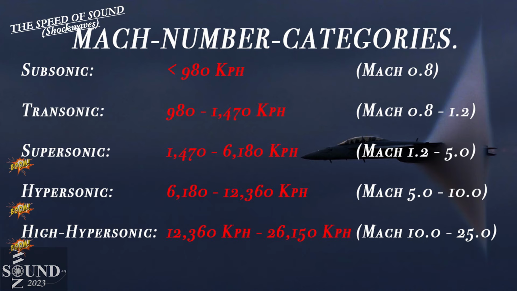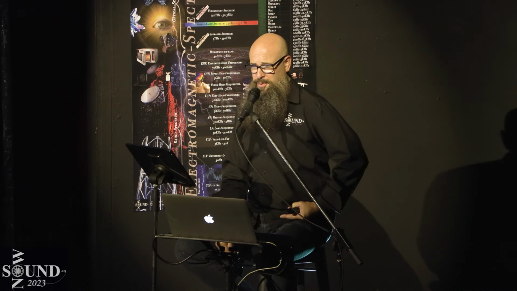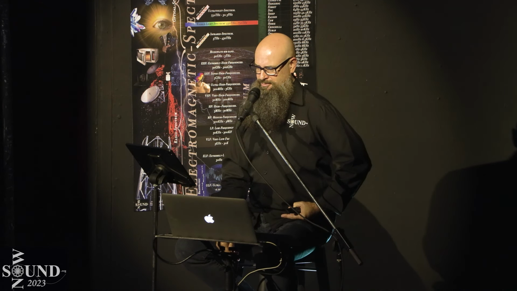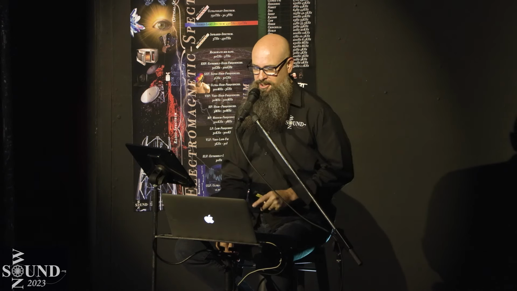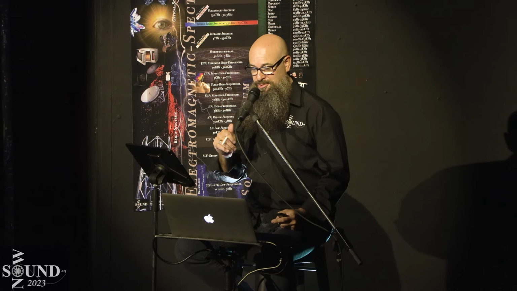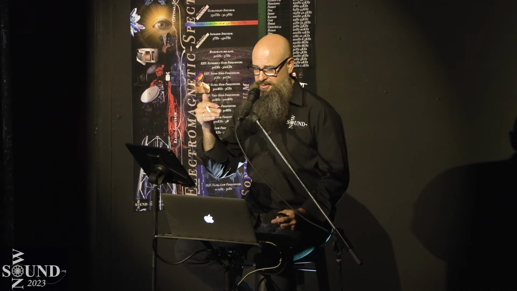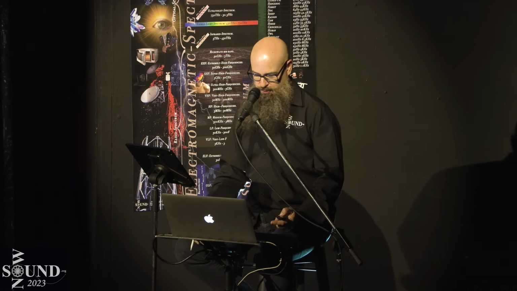These are some serious speeds of objects moving through our air medium, and we're looking at NASA rockets, the Falcon Heavy and things like that, moving at 26,000 kilometers per hour. This is very fast. Mach 10, 10 times the speed of sound. This is where we're getting the booms. If we're under Mach 1, we won't get the booms.